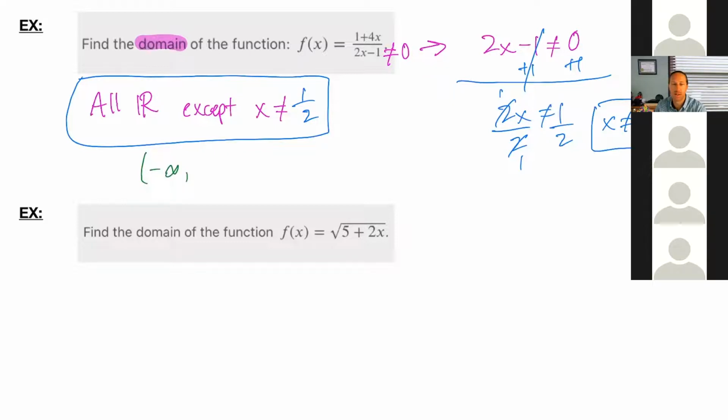Some of you guys are saying in the chat, all the way up to what? Very good. That 1/2 that we said was our restriction. Is that included? Should I include that 1/2? No. Very good. No, that's the one and only thing we said cannot be part of our domain.